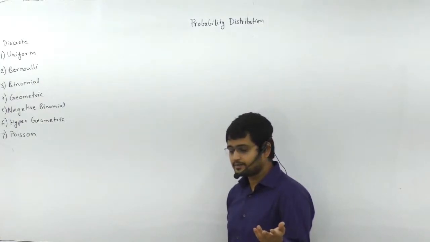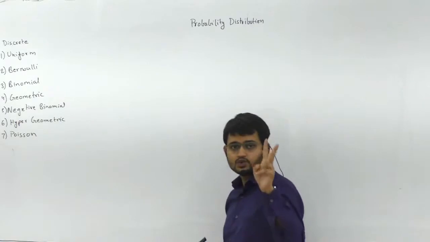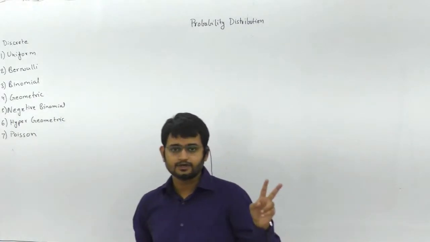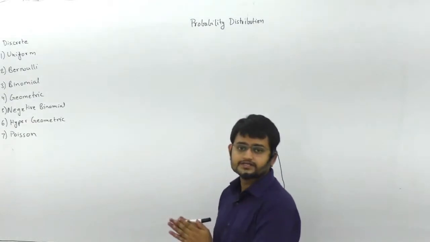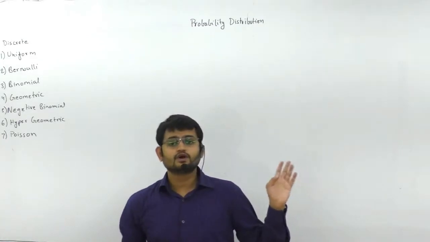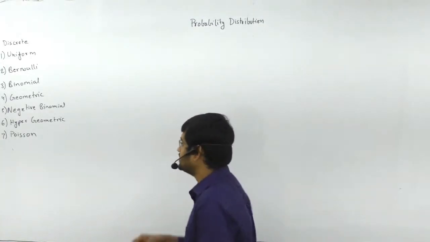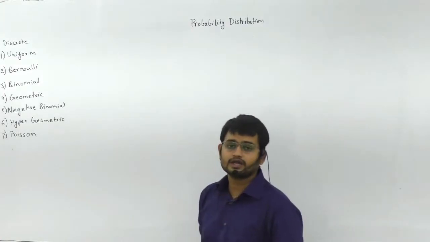Just an example: if out of 52 playing cards, I am selecting 2 cards without replacement. If you remember, in probability, I used a similar example when we said that the events were not independent. So basically, in hypergeometric distribution, our trials are not independent.